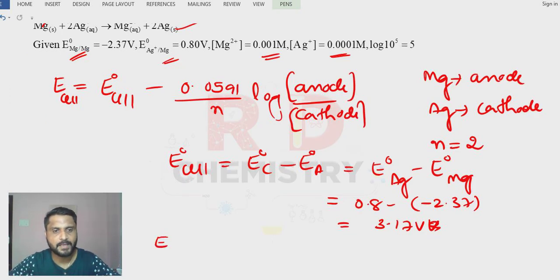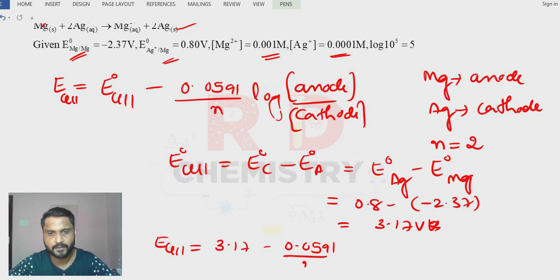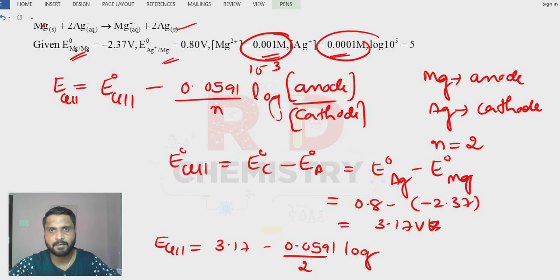E cell is equal to E naught 3.17 minus 0.0591 divided by 2 here, correct? Log of the anode concentration. Anode is magnesium, which is given as 10 power minus 3, and the silver concentration is 10 power minus 4.